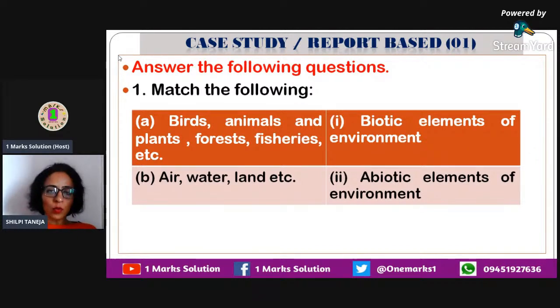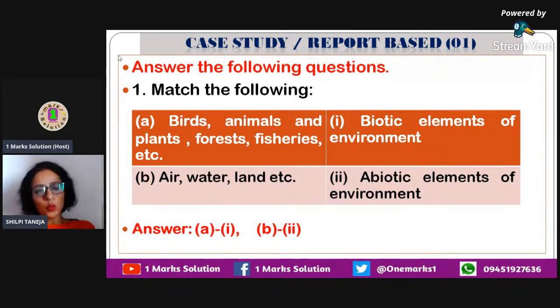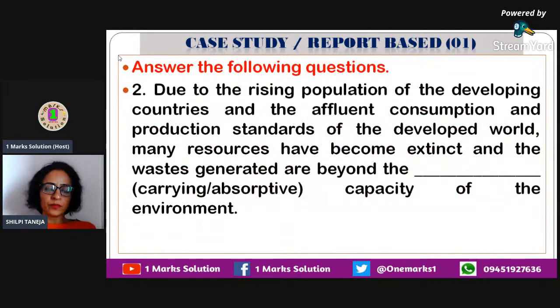So when we talk about this, I hope you all understand the meaning of biotic elements and abiotic elements. So when we talk about biotic elements, these are the living things like birds, animals. So A will be matching with 1 and B will be matching with 2, because air, water and land are the abiotic elements of environment. So both are given in a correct form.